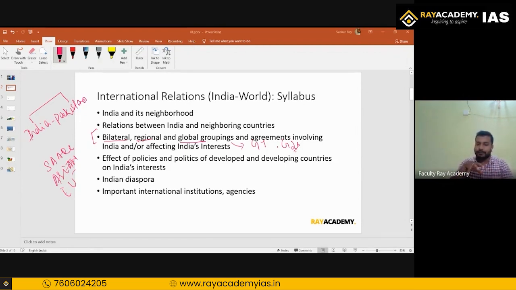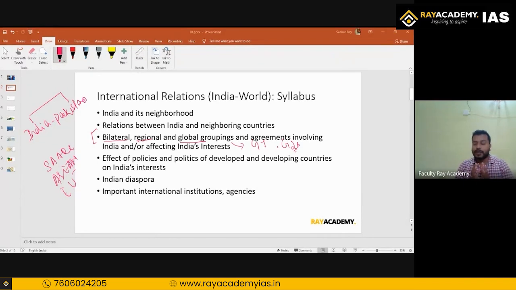Regional means only a limited group of countries. SAPTA is only for the South Asian countries. So these are regional groupings. They are multilateral, but they are regional groupings.